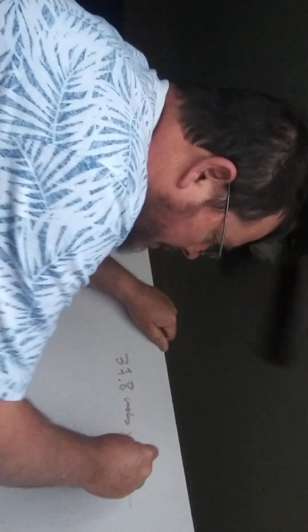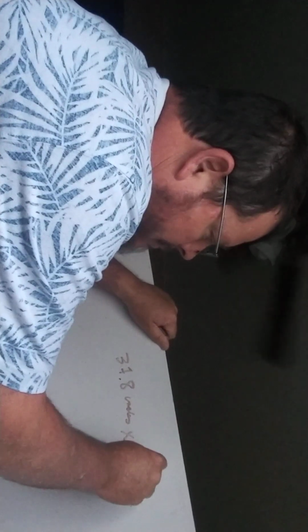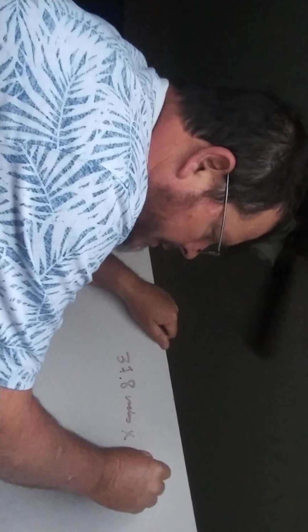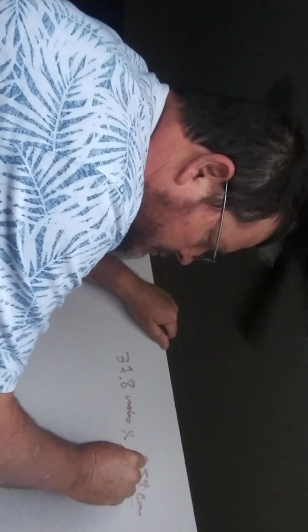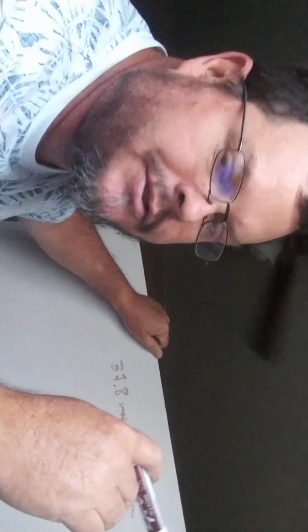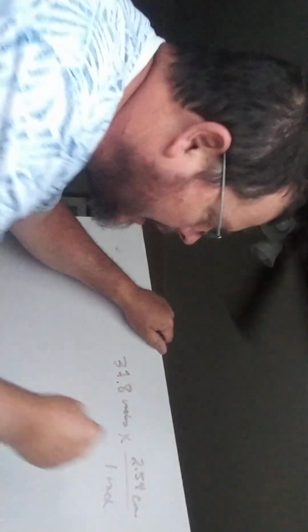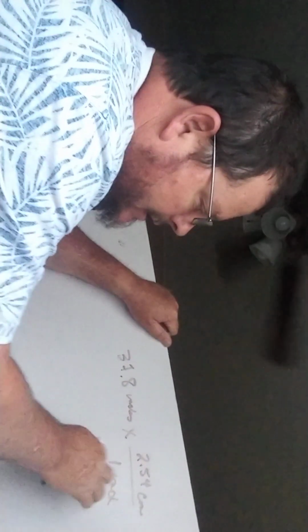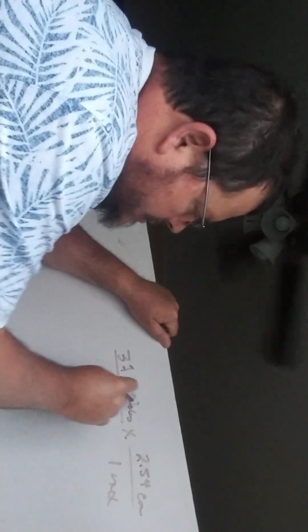What's the relationship? 2.54 centimeters, I memorized that, is equal to 1 inch. That's the relationship I had to memorize. See, using the metric system, you just have to memorize prefixes. Here, I have to know this relationship by memorizing how many centimeters are in an inch. Now, I set up this equation so that the inches are in the denominator, so that my inches will cancel, and I'll end up with centimeters, because that's what the problem is asking me to do.